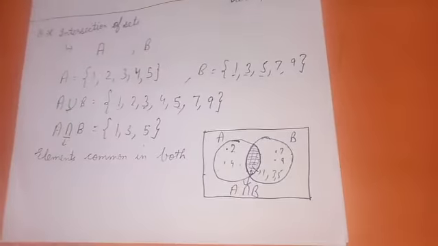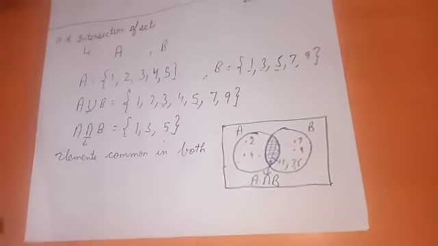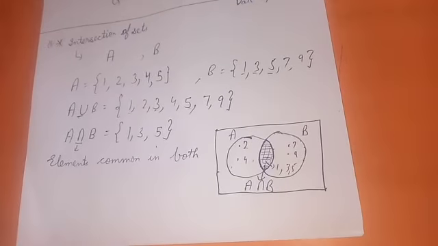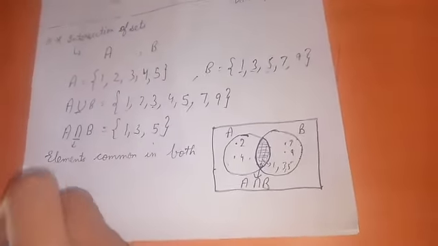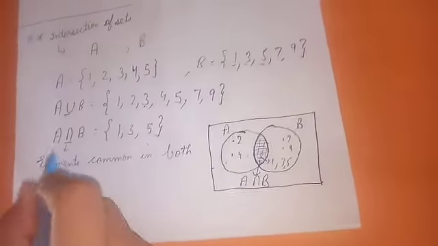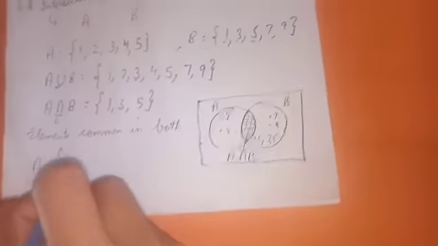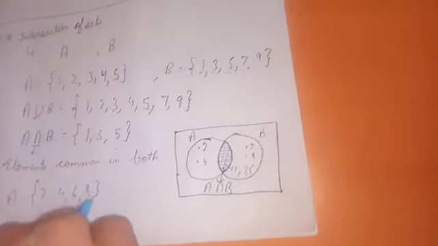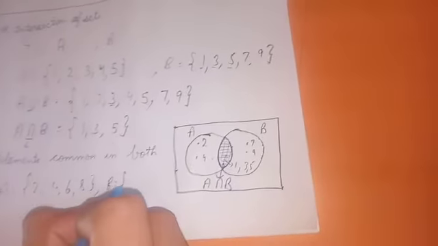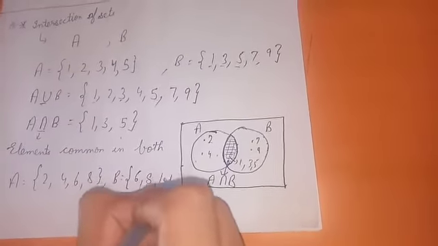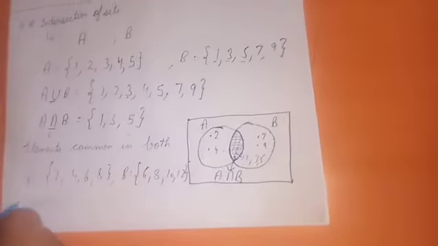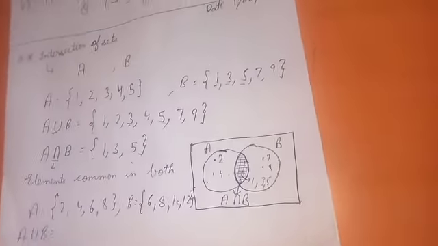In example 12 we had to find the union, but in the same example we now have to find the intersection. Whatever our sets were, A was 2, 4, 6, 8, and B was 6, 8, 10, 12.